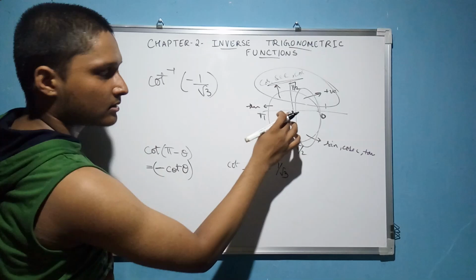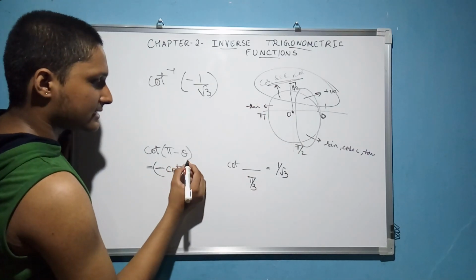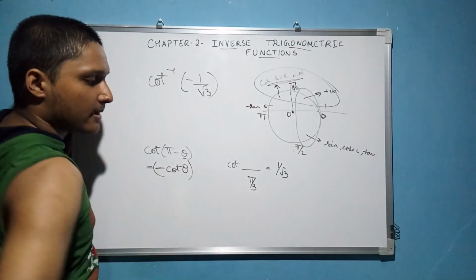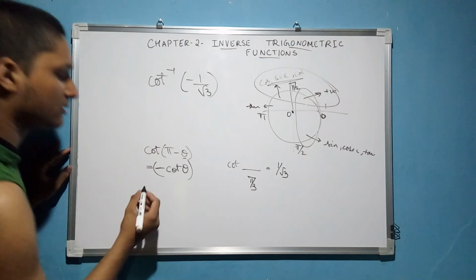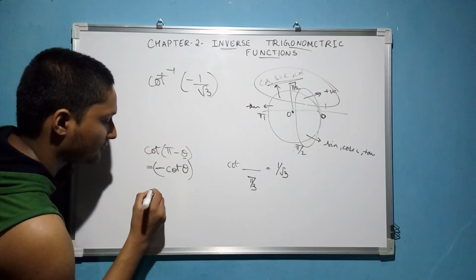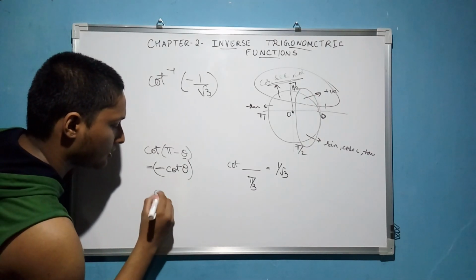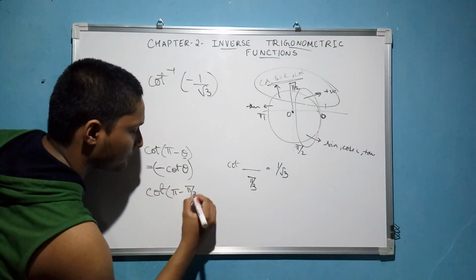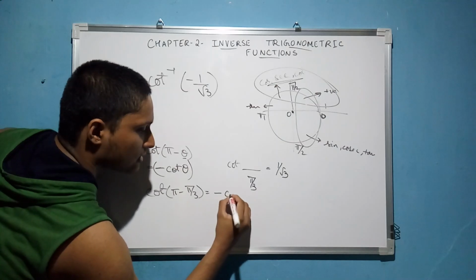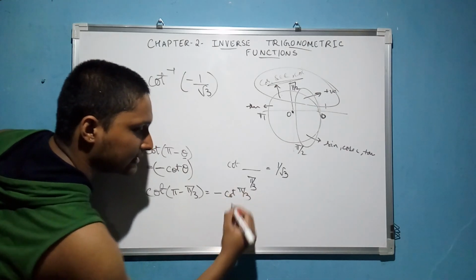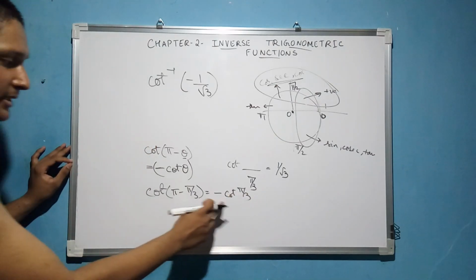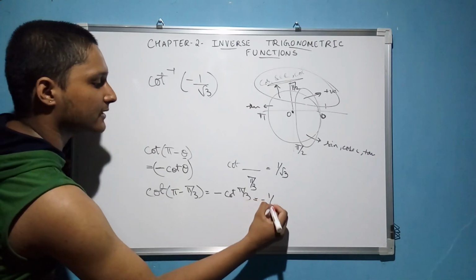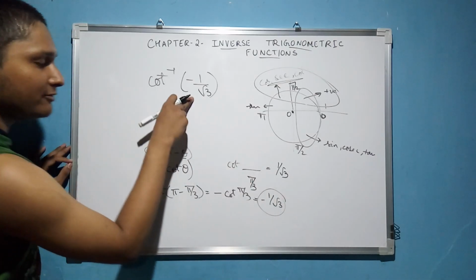We'll substitute this theta as pi by 3. We have cot of pi minus pi by 3 is equal to minus cot pi by 3, and minus cot pi by 3 was minus 1 by root 3. That was the value we had here.